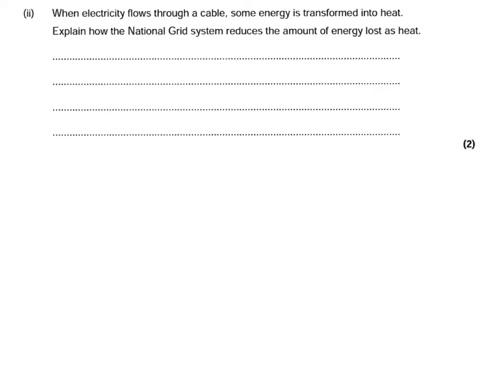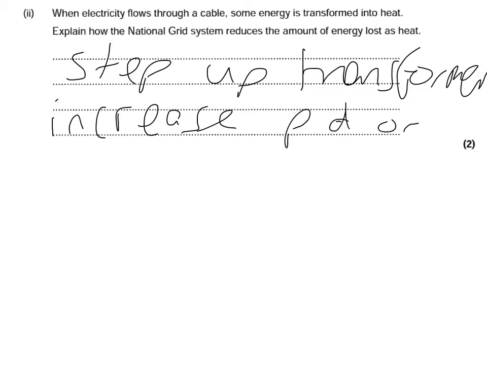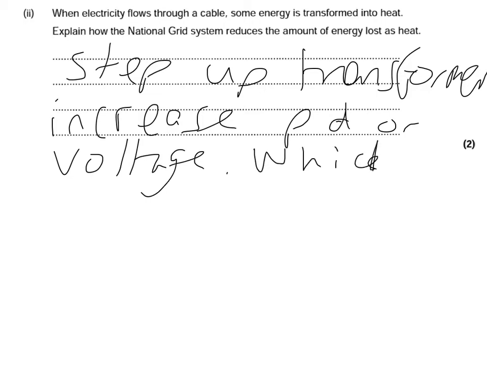In this question, you're asked to explain how a national grid system reduces the amount of energy lost as heat. In order to do that, you need to remember that you're basically talking about a step-up transformer. So use a step-up transformer. And if you can remember what a transformer does, you basically increase potential difference or voltage, which decreases current.